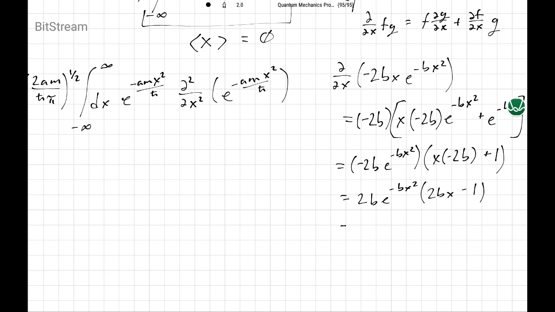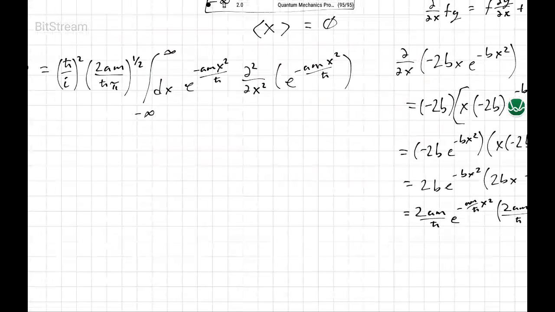Or in other words, so I already forgot what b is, we get 2am h bar e to the negative am over h bar x squared times 2am h bar x minus 1. Whew. Let's pull that out here. So I get h bar over i squared, this guy.